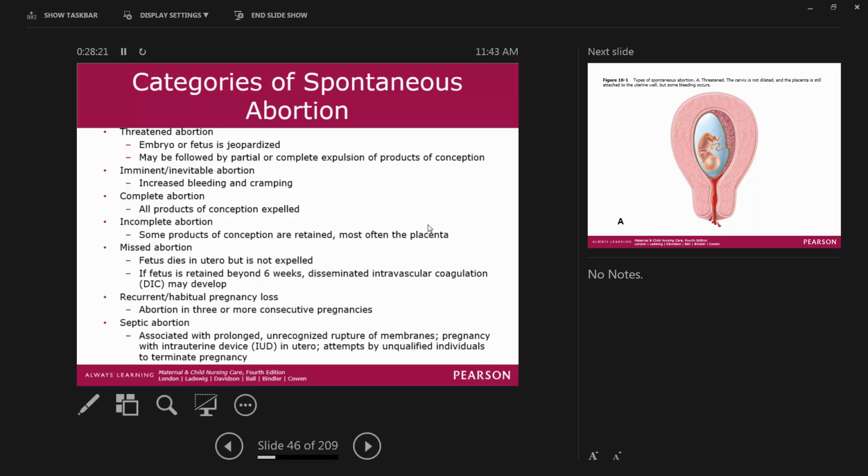What is the DIC? Disseminated intravascular coagulation. So this happens not just to pregnant women. It can be a complication of anybody who has a hemorrhage type issue. If you're losing lots of blood, then your body is trying to produce blood to replace that.